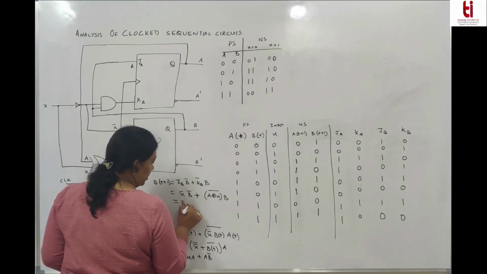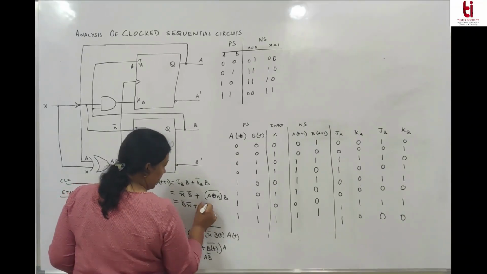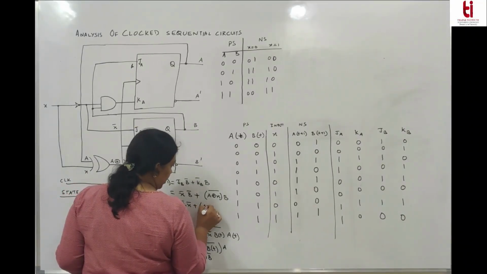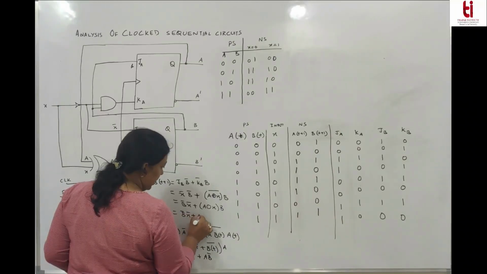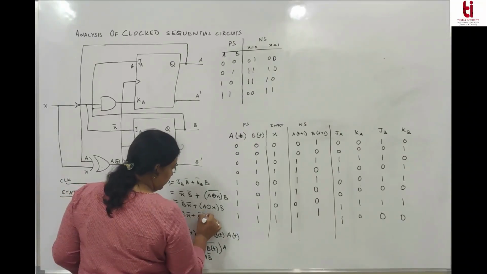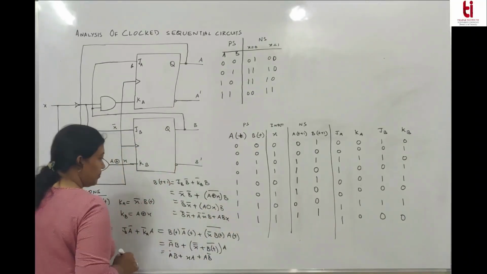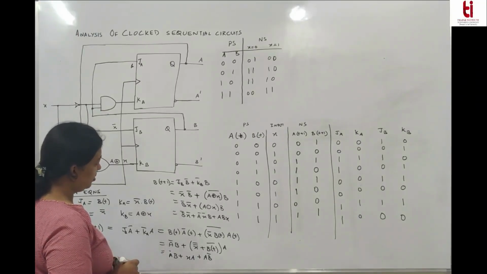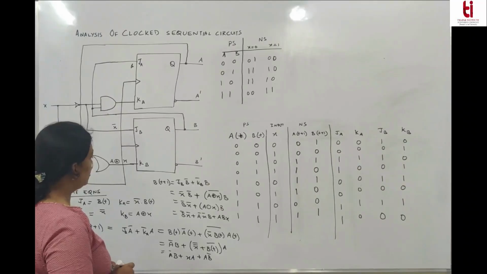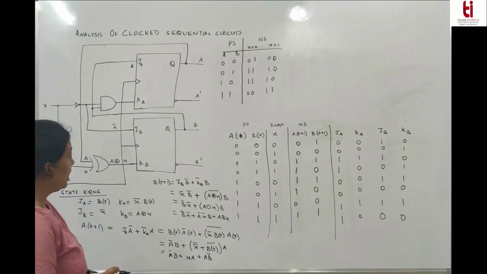So B bar X bar, it is A XOR of X. So B bar X bar plus A bar X bar B plus AB X. This is the equations for next state equations for A and B. You have to write these equations.